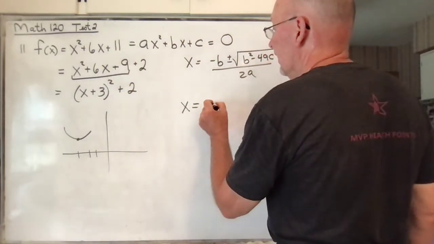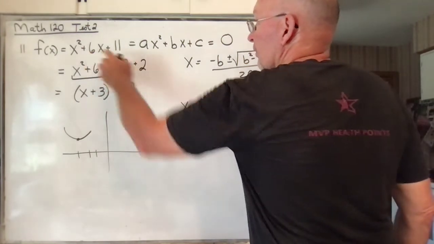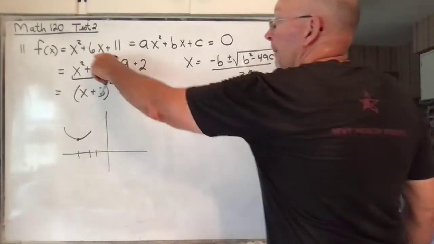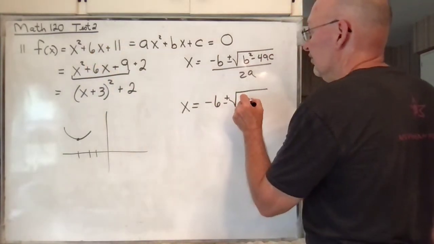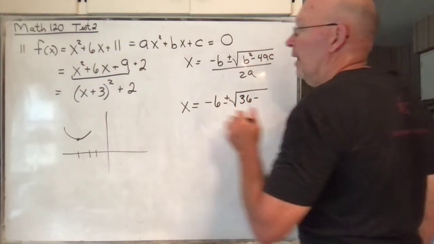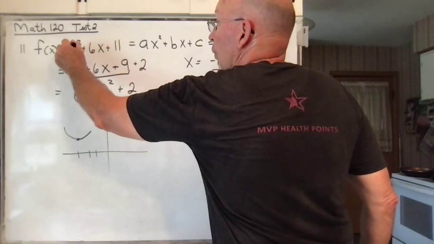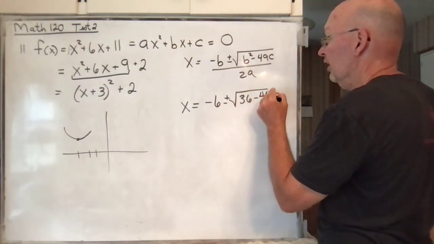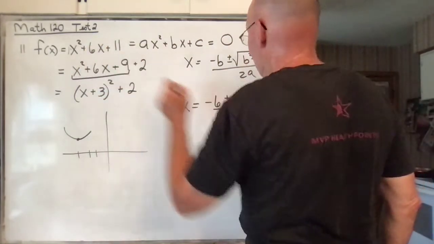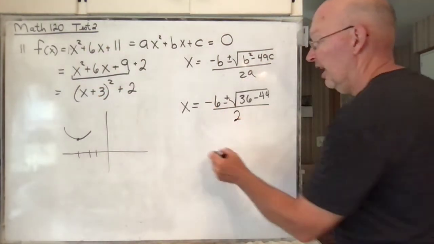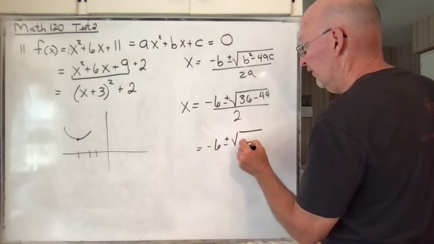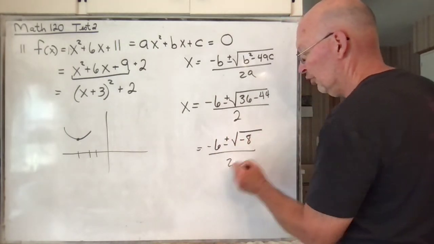You're going to get negative 6, because b is equal to 6, plus or minus the square root of b squared is going to be 6 squared, which is 36, minus 4 times 1 times 11. 4 times 1 times 11 is 44. All over 2 times 1 is 2. And that gives you negative 6 plus or minus the square root of negative 8 over 2.